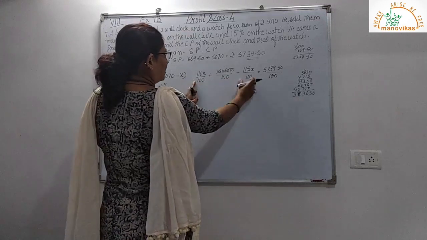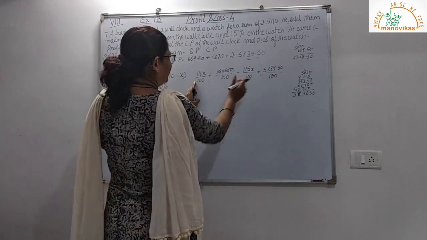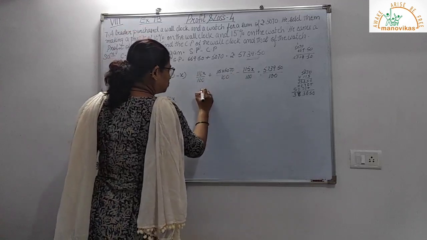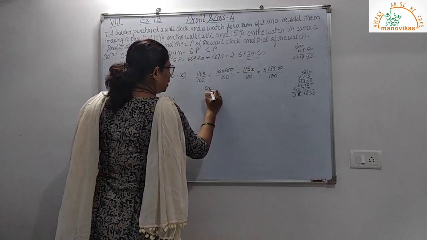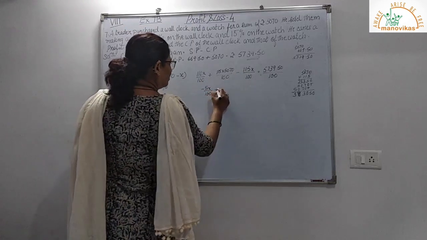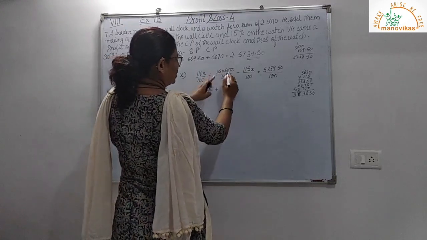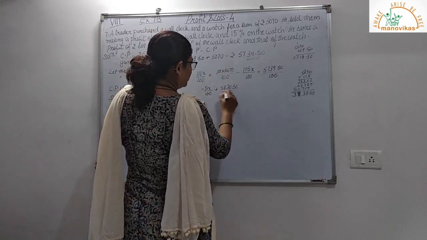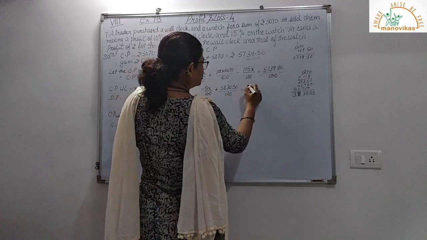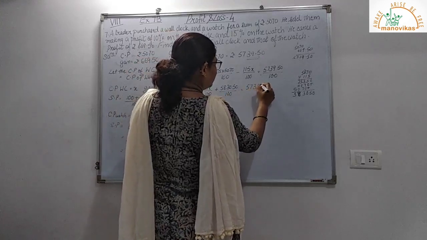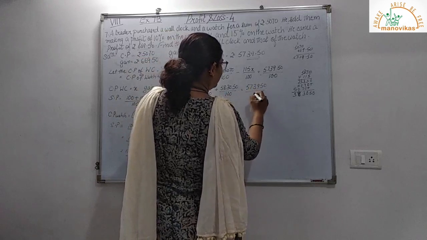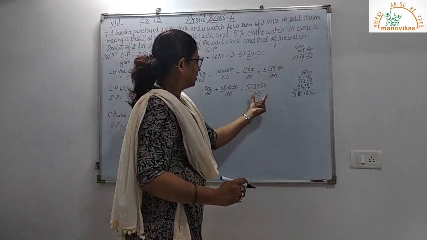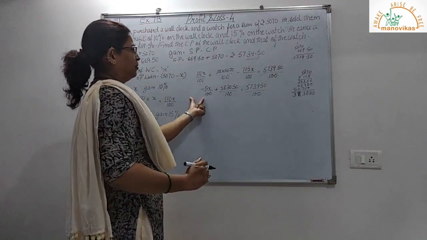First we can subtract this, so we get 110x minus 115x, that comes to minus 5x upon 100, plus this product, 583050 divided by 100, which is equal to 573950 divided by 100. So I take this term to the other side and this term to this side.